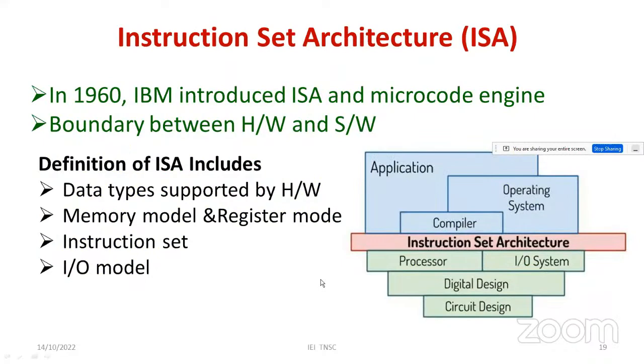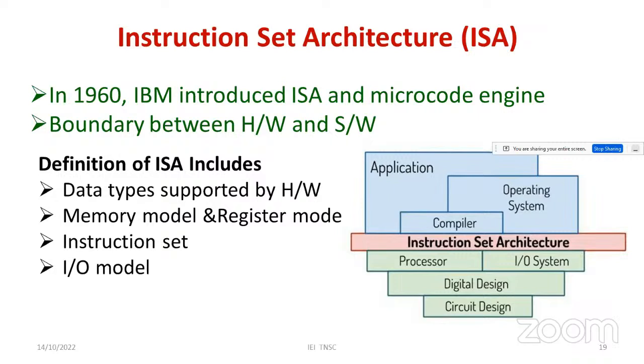What is meant by instruction set architecture? Before 1960, program developers would write programs for unique hardware. Once the hardware became obsolete or a new release came, the software developed for the hardware could not be used for the next release.